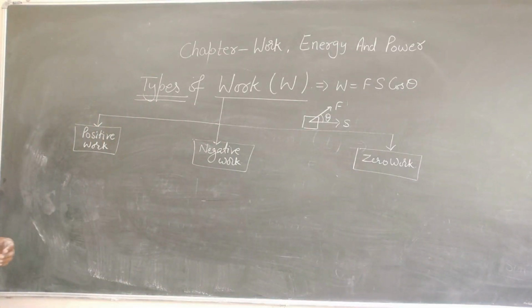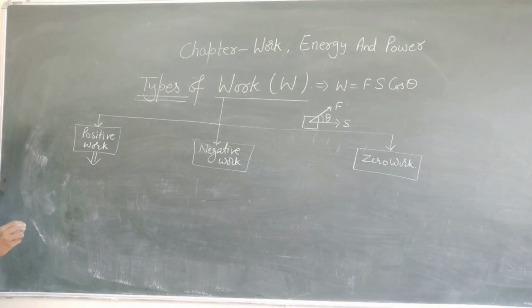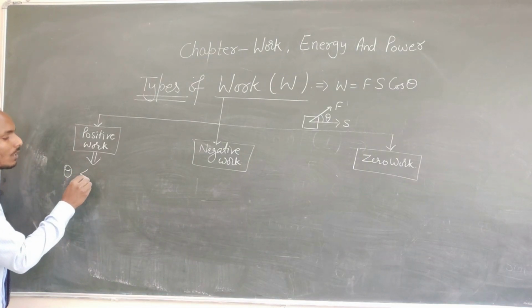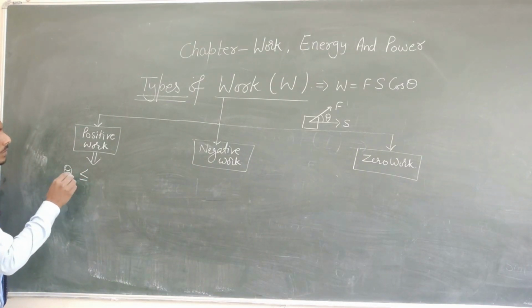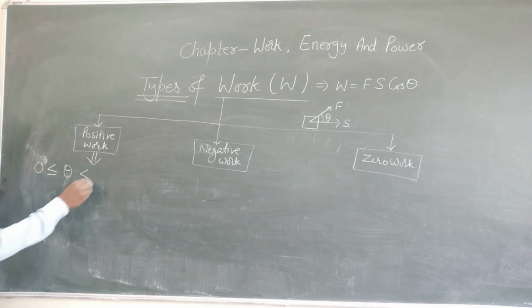Okay, so let's start. Work is said to be positive when the angle is greater than or equal to 0 degree and less than 90 degree.